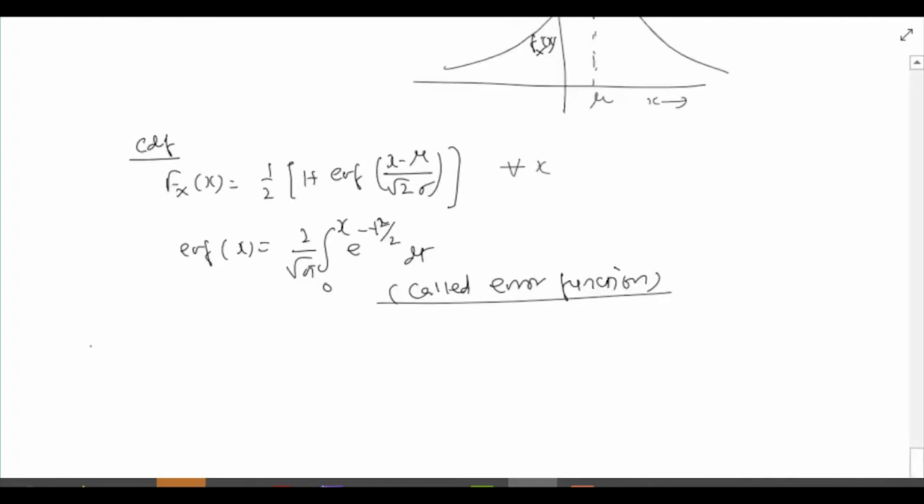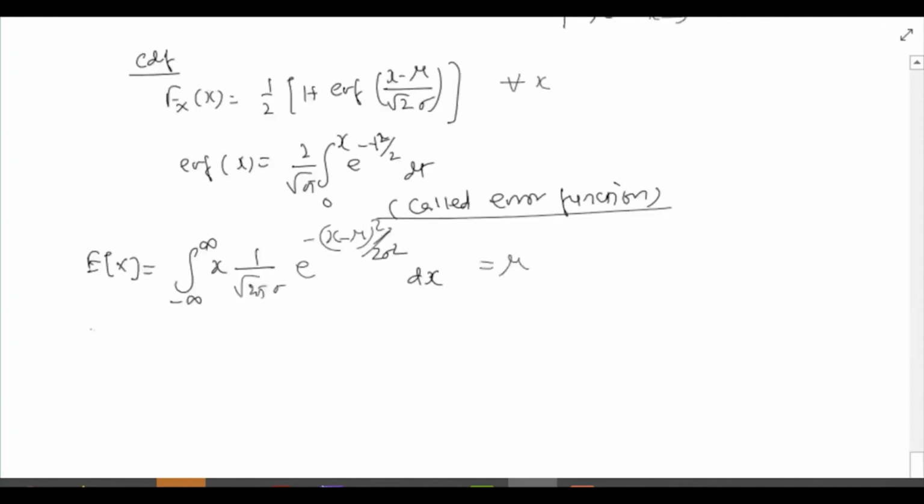The mean of the Gaussian random variable X described above, expected value of X, can be computed as the integral from minus infinity to infinity of x times 1 over root 2 pi sigma e raised to minus (x minus mu) whole square divided by 2 sigma square dx, and it turns out to be equal to mu. Variance of this random variable turns out to be equal to sigma square.